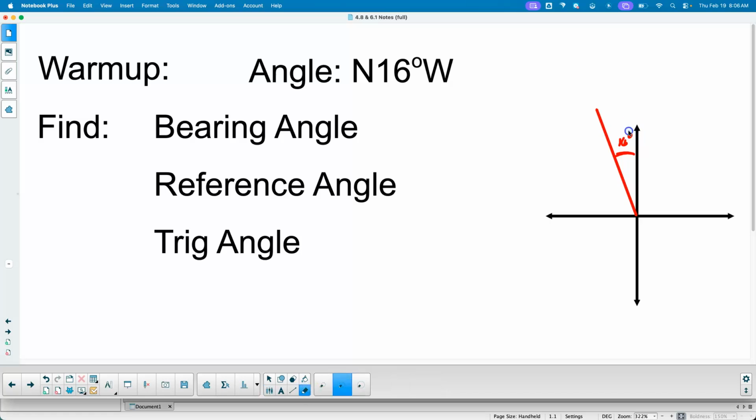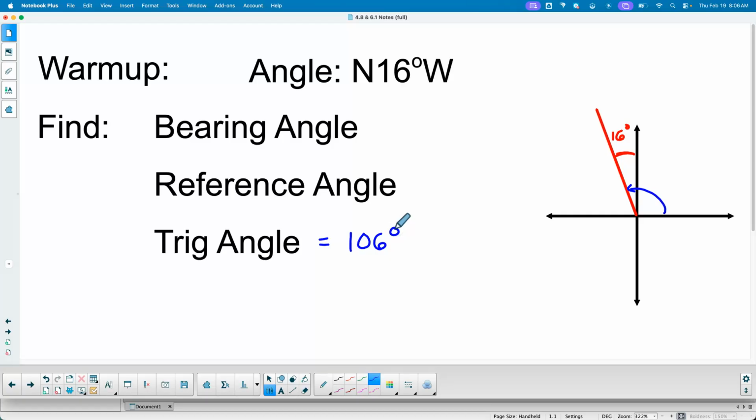It's a bad 6, so let's fix that. The trig angle would be from here to there, so that would be 106 degrees. Agree with me on that?